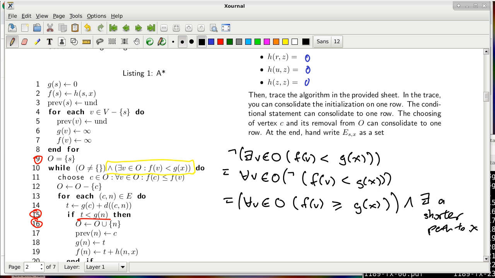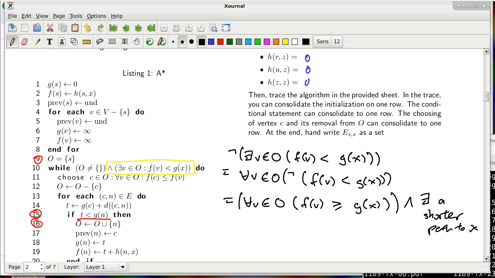Okay, the first thing is, can we agree that if there is a shorter path to x, it is going through one of the vertices in O? Yeah. Okay, now the next question is, can we agree that each f of v is an underestimate of the length of a path from the start vertex through v to the destination vertex? Is that okay? All right.